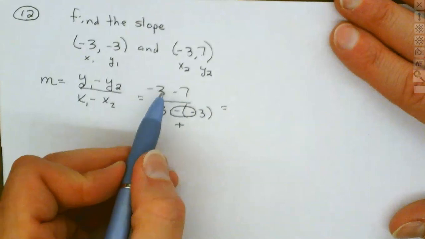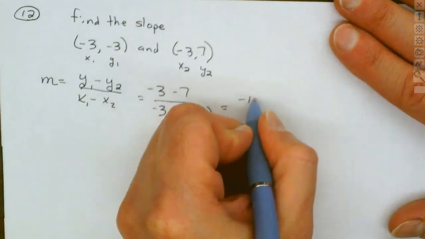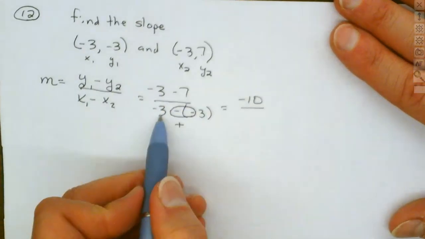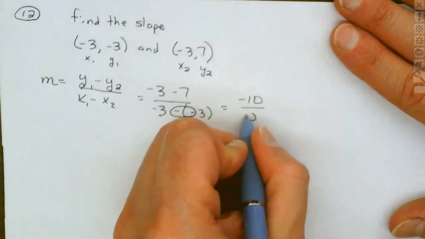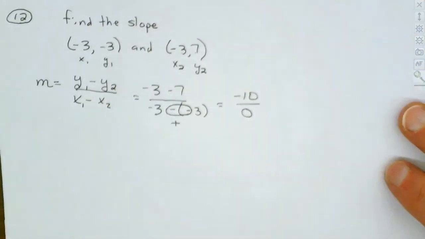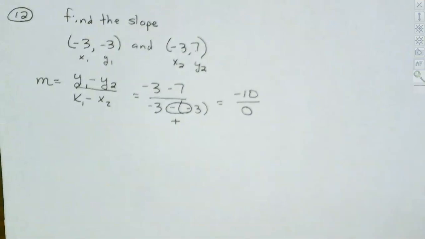And minus 3 minus 7 that makes it a minus 10. Minus 3 plus 3, that's 0. What about a number divided by 0? Is that 0 or is that undefined? Does anyone remember? Negative 10 divided by 0. Would that be 0 or would that be undefined?